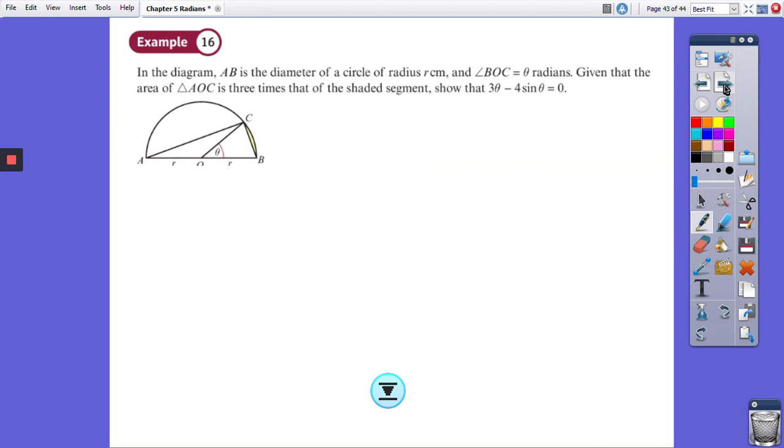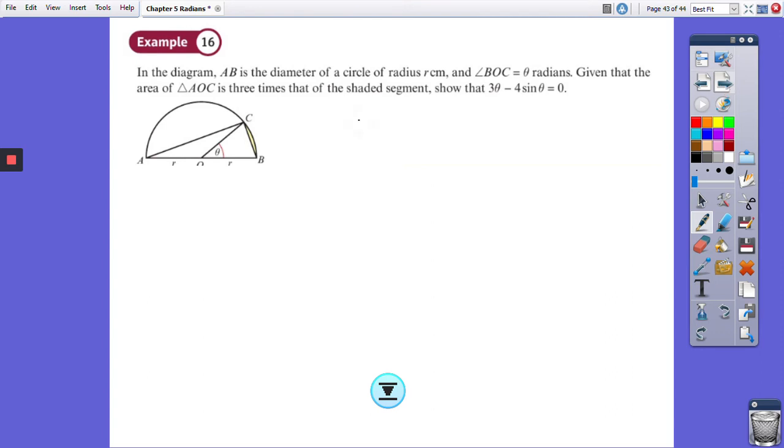Halfway through this example, I'm going to use a little trick, and if I don't tell you now, you're just going to go, why has he just plucked this out of thin air? It's a little sleight of hand, it's a little trick that we know, and it's something that you do need to know. We've talked about it in the past, but here it is.